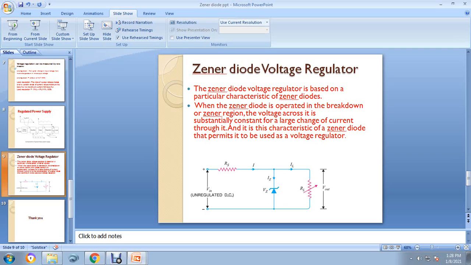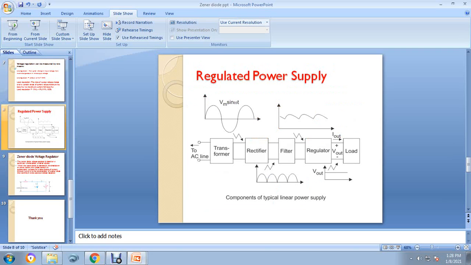By using this Zener diode voltage regulator, we can achieve the pure form of DC. That completes the regulated power supply block diagram. By using this RPS, we can completely convert the alternating voltage into the pure form of DC voltage.